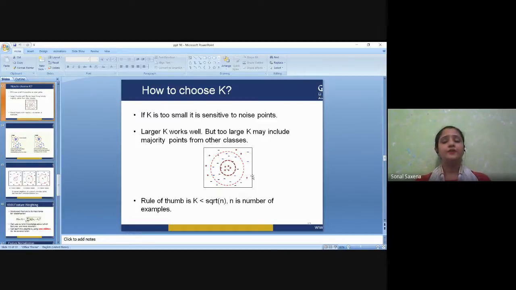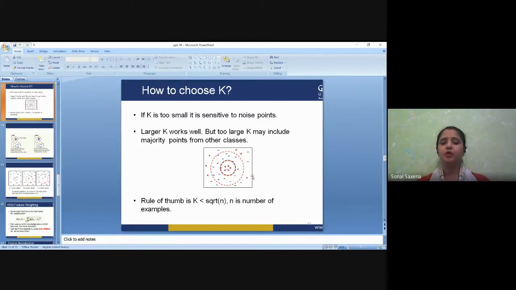Now, how can we choose k? As I told you, k is a user-defined parameter. How are you going to choose your k? If k is too small, it is sensitive to noise points. A larger k works well, but too large a k may include majority points from other classes as well. So the rule of thumb is that k should be less than the square root of n, where n is the number of training examples.